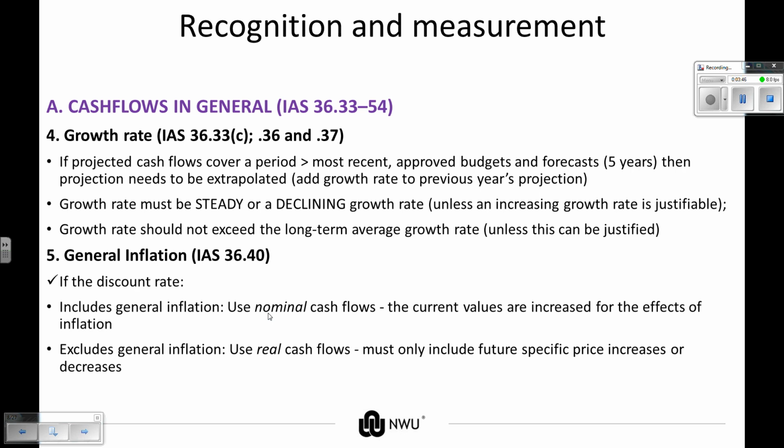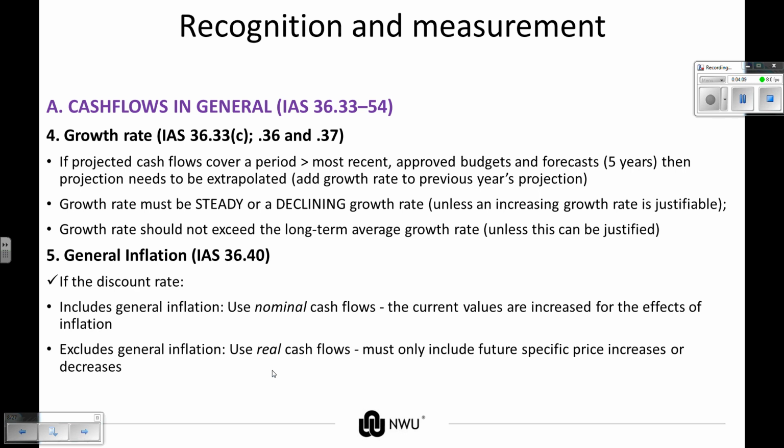It's the actual cash flows that we expect to receive, whereas our real cash flows will be the nominal cash flows brought back to real terms by reversing out the general inflation, and it will thus be the real cash flows, and it should only include your specific non-inflation related price increases or decreases.